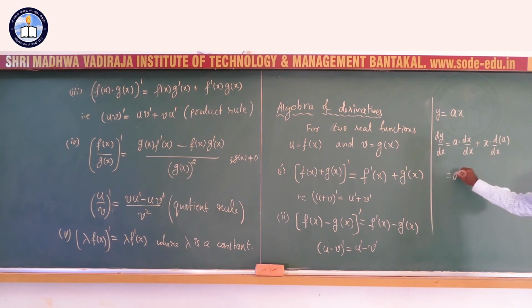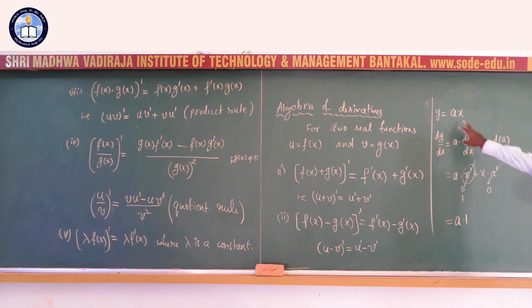Otherwise I can write it like this also: a into x' plus x into a'. What do you mean by x'? The derivative of x. What is the derivative of x? It is equal to 1. What is the derivative of a? It is 0. So, here it will be a into 1.